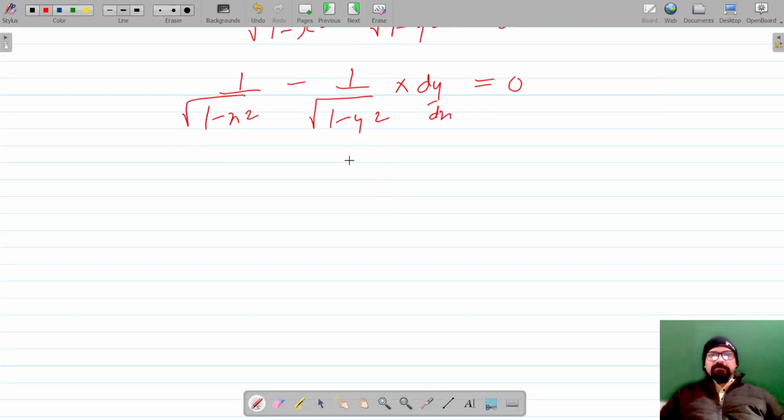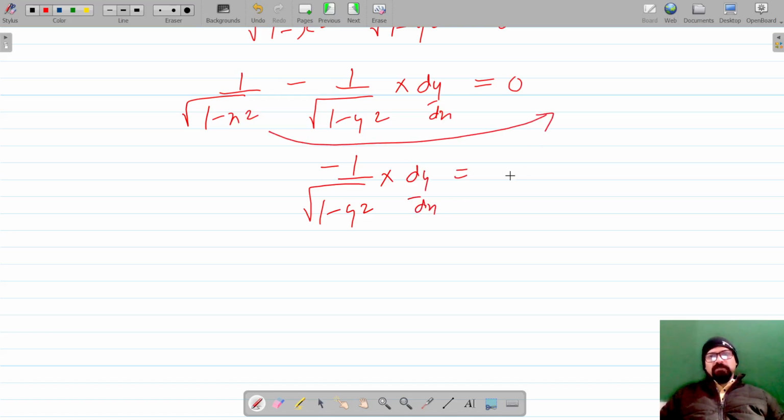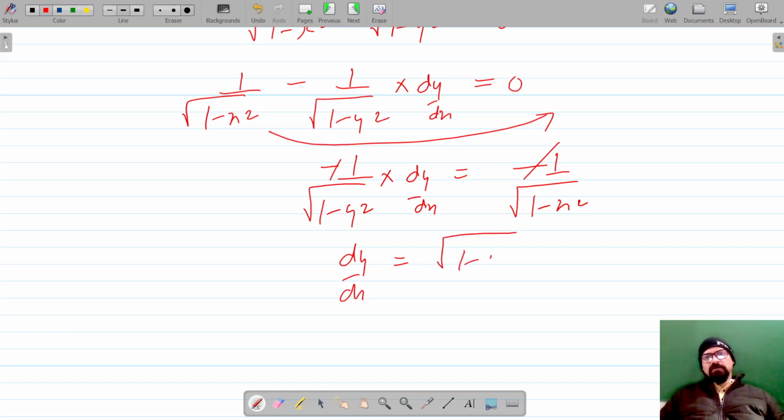Let's change the signs and try to get dy by dx. Let's shift this to the right hand side, so the minus signs get cancelled. Finally we have dy by dx is equal to under root 1 minus y squared upon under root 1 minus x squared.